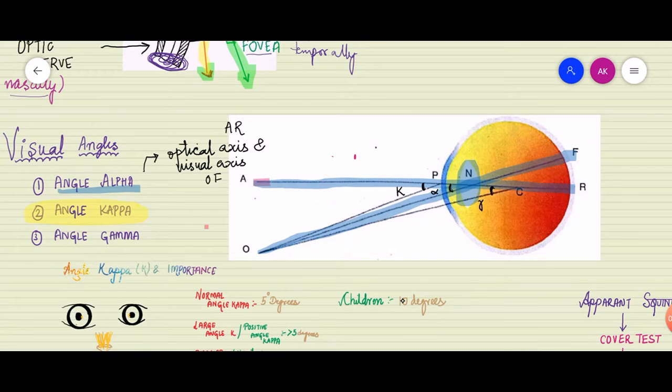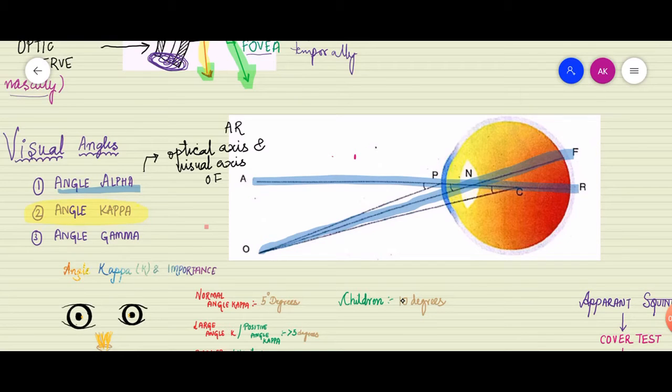All right, next, what is angle kappa? Angle kappa is the angle which is formed between the visual axis, that is the OF here, and the optical axis, right?